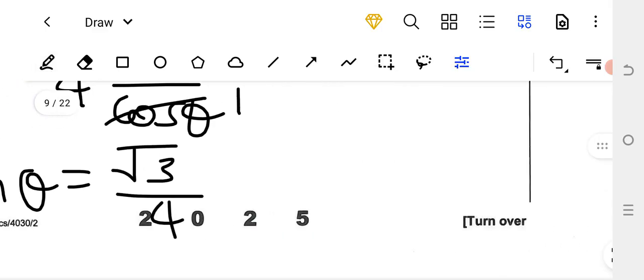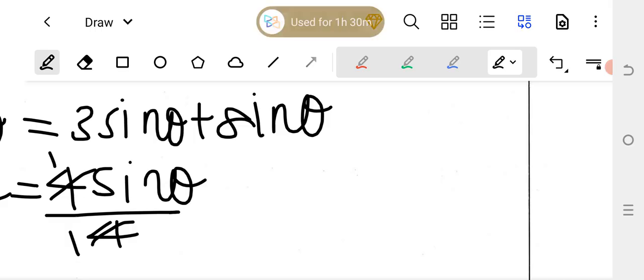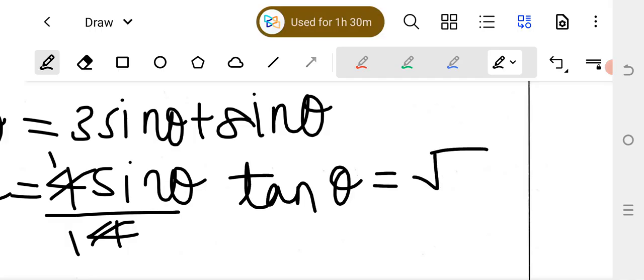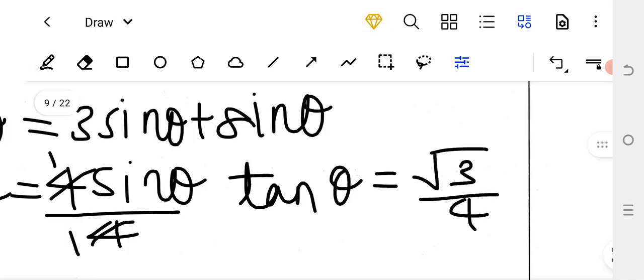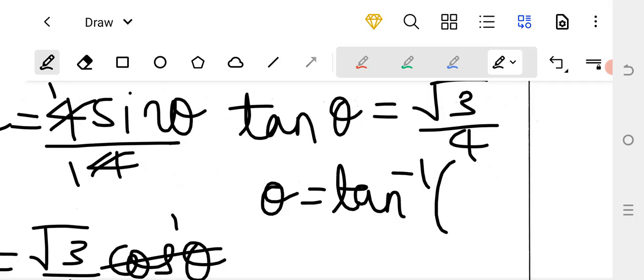That's what we have remained with. Theta is equal to tan inverse of square root of 3 over 4.